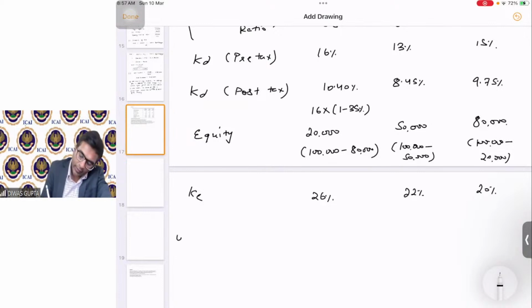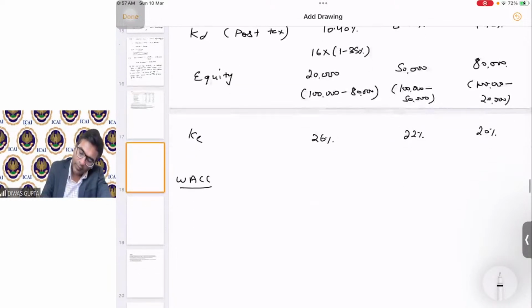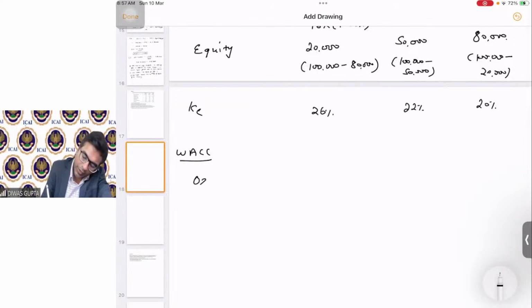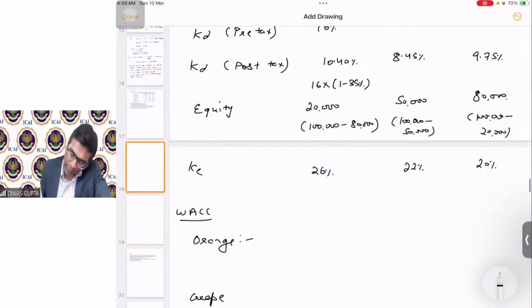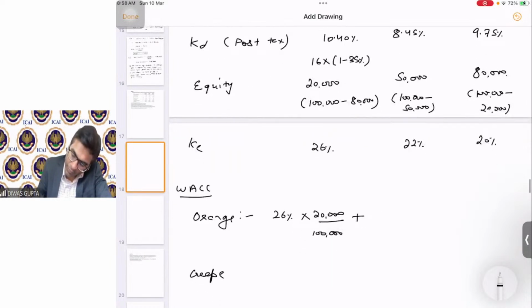So WACC. Orange, grape and apple. So orange, we can simply take 26% multiplied by 20,000 divided by 1 lakh plus cost of debt post-tax, which is 10.40% into 80,000 divided by 1 lakh.